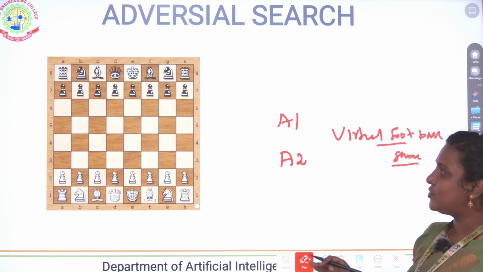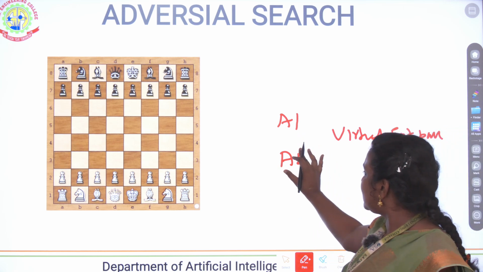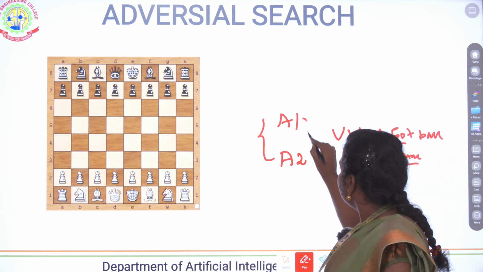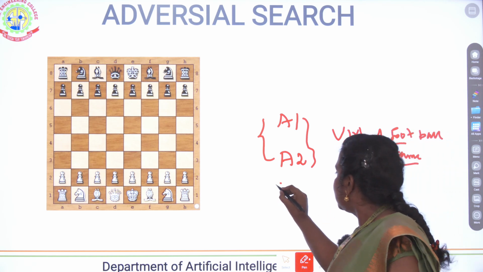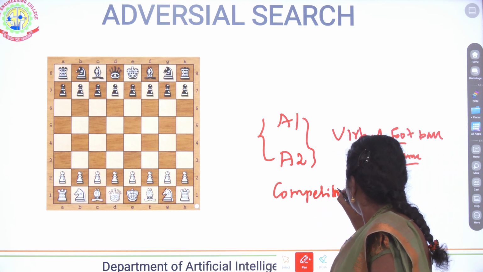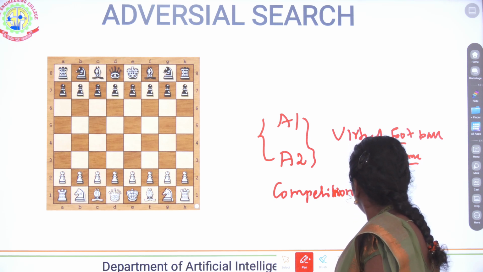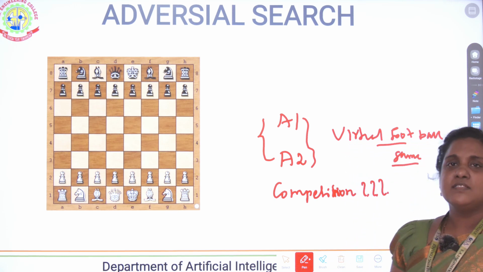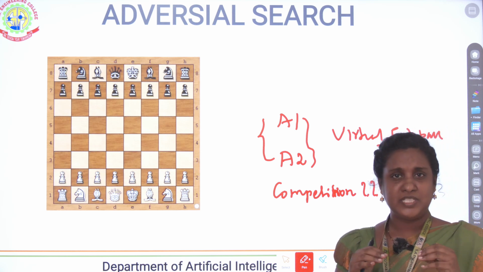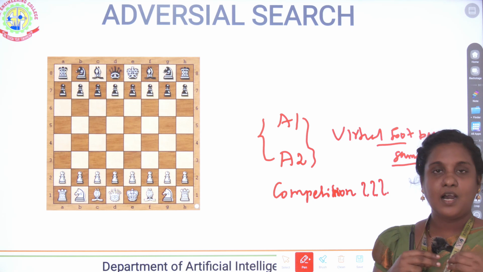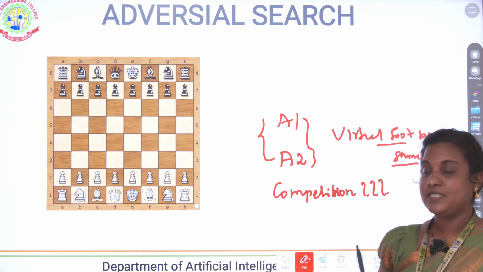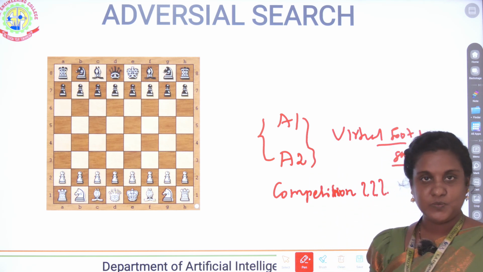So the main motto is how these players are competing with each other. For A1 and A2, the main motive is to win the game. They should win the game. So how will the competition be adopted by both A1 and A2?